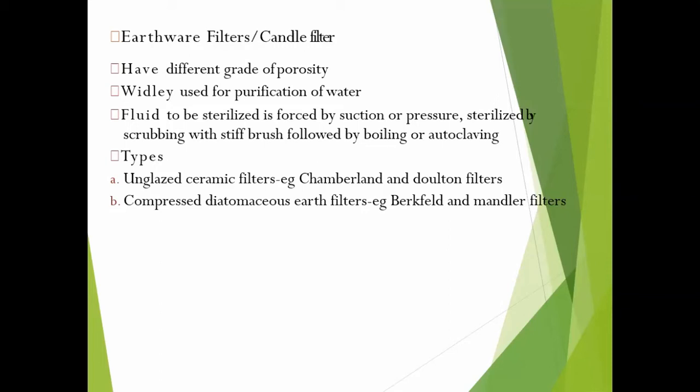The types are unglazed ceramic filters and compressed diatomaceous earth filters. Examples of unglazed ceramic filters are Chamberland and Doulton filters, and compressed diatomaceous earth filters are Berkefeld and Mandler filters. Hopefully we understand.